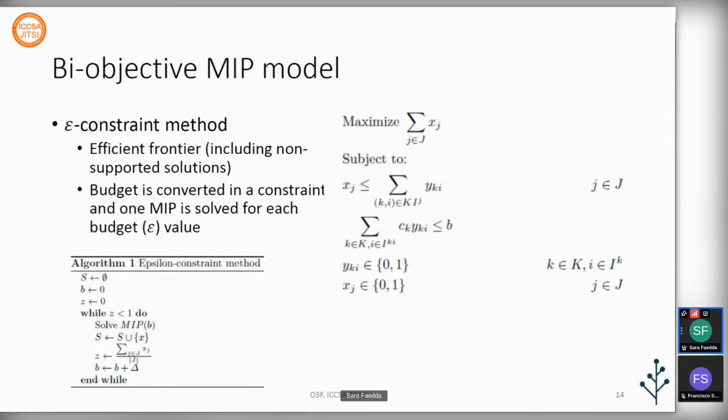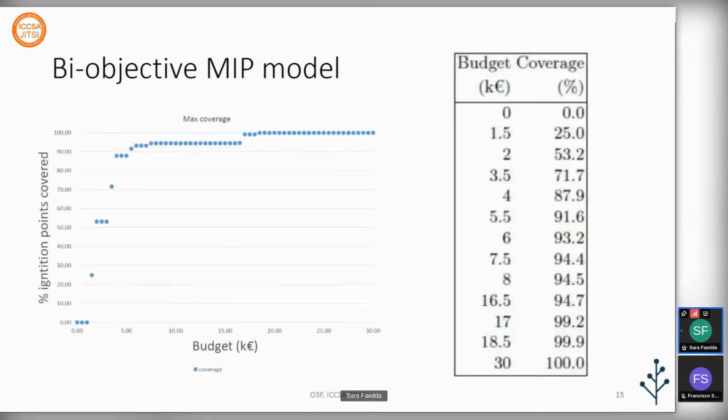If we do that, we get the efficient frontier. This is better than methods based on weights, because the efficient frontier also includes the non-supported solutions. This is the efficient frontier for this small case study.